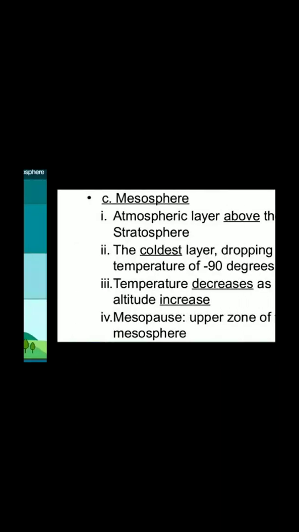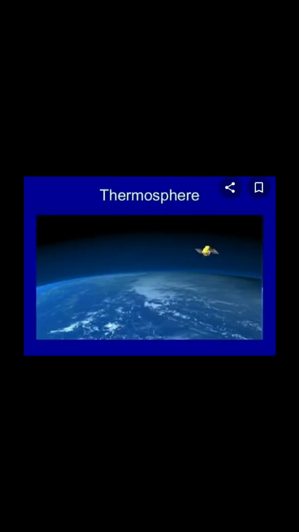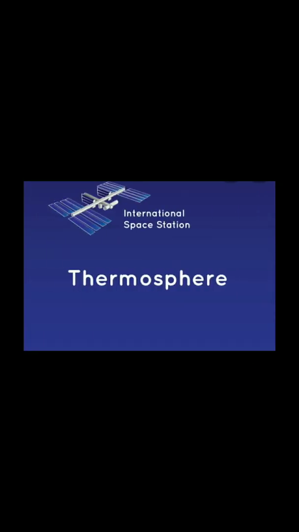So here we have discussed the troposphere, stratosphere, and mesosphere, up to the mesopause. Now coming to the next layer, the thermosphere. The thermosphere is generally divided into two layers, the ionosphere and exosphere, which perform their own functions, and together they constitute the layer known as the thermosphere.